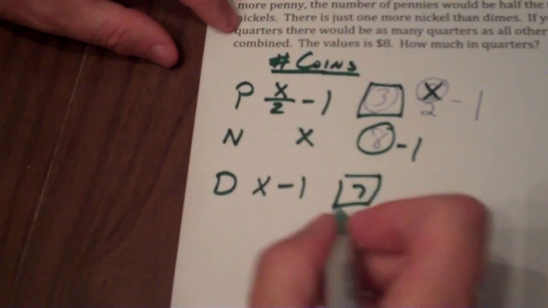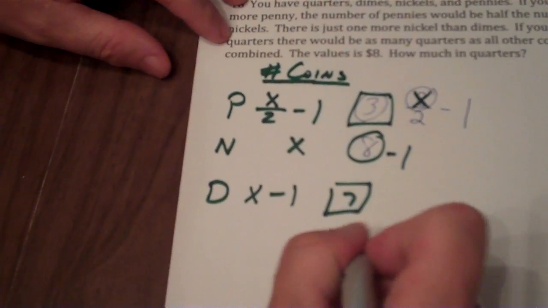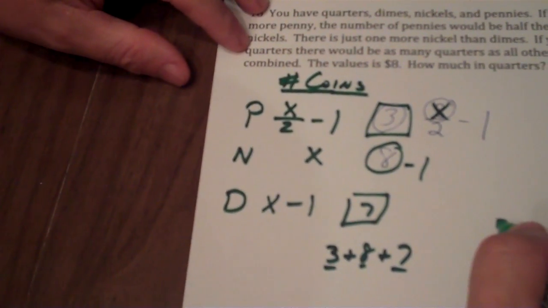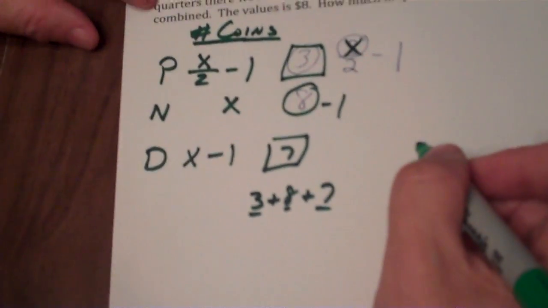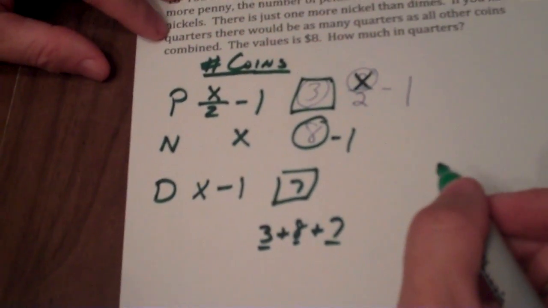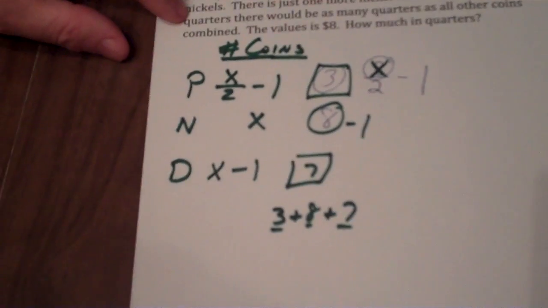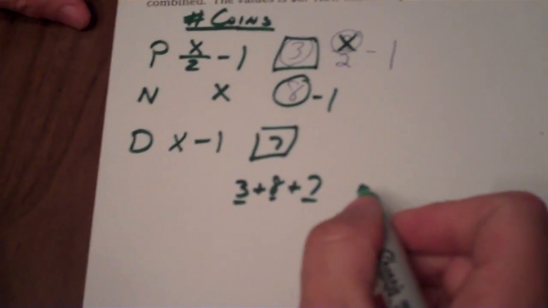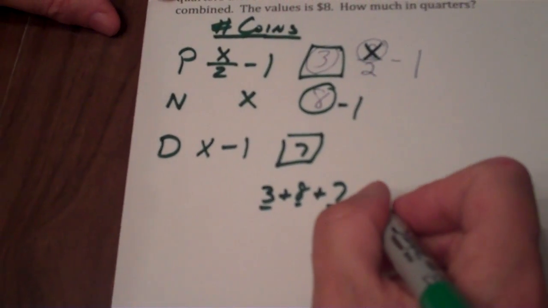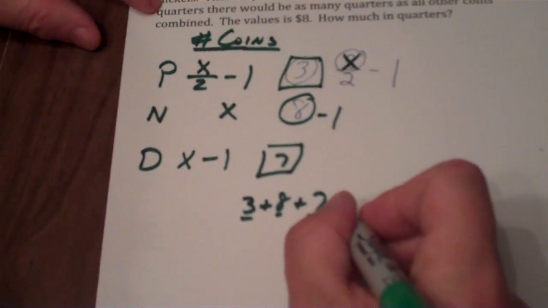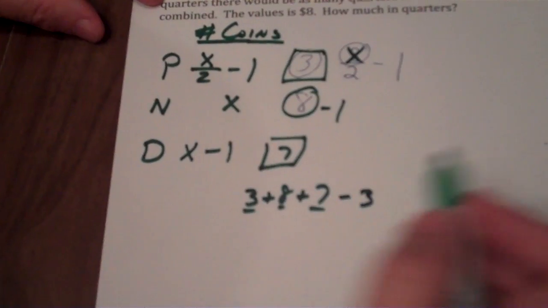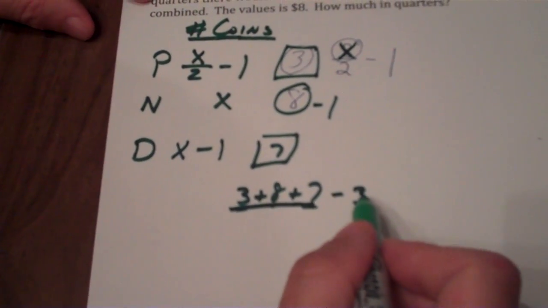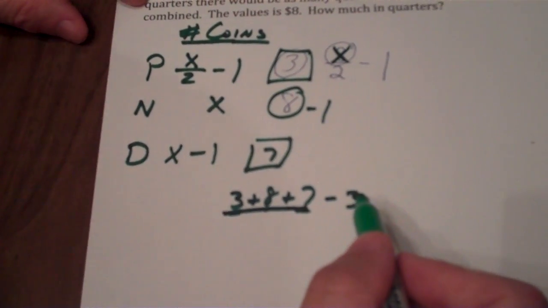If we add those coins together, that would give us a total of 18 coins. Now the number of quarters, remember, is such that if there was 3 more, then we'd have the same number, 18. So to figure out how many quarters there are, what do you have to do? You have to subtract 3. So in this case, there's 18 of everything else. Subtracting 3 would leave me with 15 quarters.